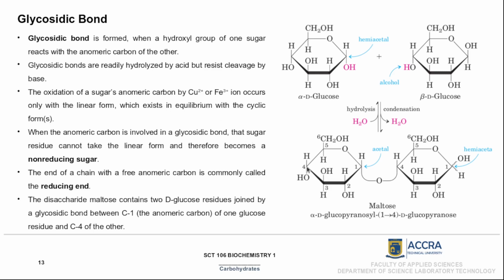Carbon number 4 on the other end is a non-reducing end because its carbon number 1 has already formed a glycosidic bond and is not available to react with cupric ion or ferric ion.